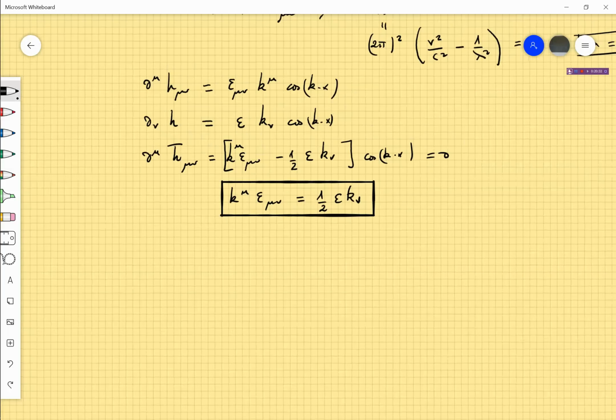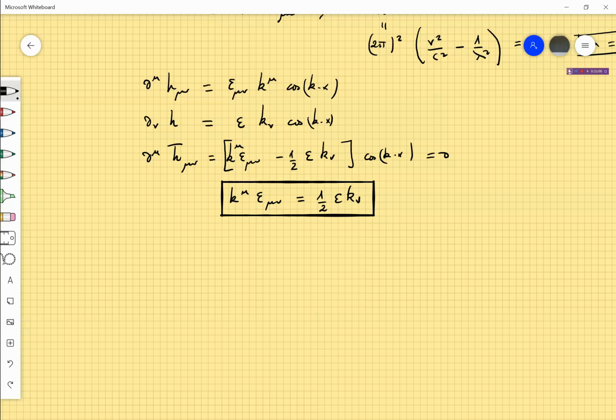As we said, imposing the De Donder gauge only eliminates 4 degrees of freedom. In this case, it means 4 constraints on the possible polarizations. The polarization tensor has 10 components, and is symmetric, just as h mu nu is symmetric. So we still have 6 independent components of the polarization tensor. But also, the De Donder gauge doesn't fix the gauge completely.